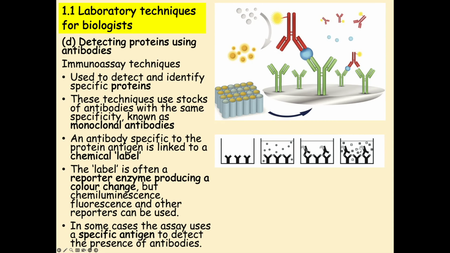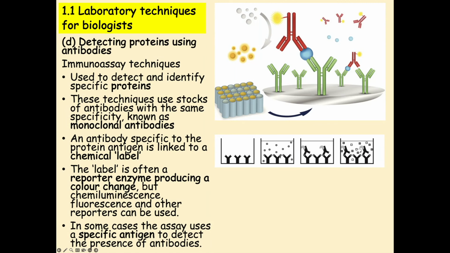Then our antibody, which contains a reporter enzyme, will bind to that, and that reporter enzyme will then break down a substrate. That's this white substance here. We add a substrate, and that substrate gets broken down by that enzyme to produce a colored product. That's what will cause the color change, and that colored product will indicate the presence of that protein, that antigen, within the sample.